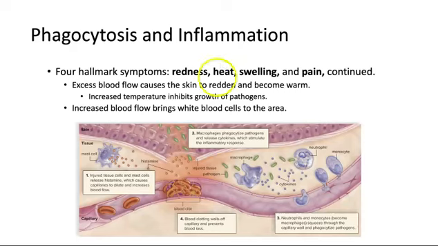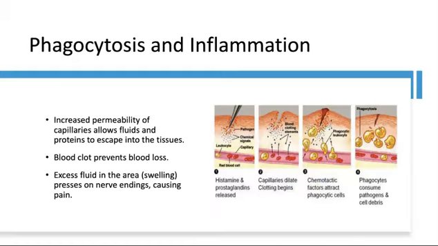Also, the increase of this blood flow is allowing more of our white blood cells to move through the capillary and into our tissues. And that also causes our proteins to escape into the tissues, and we can get blood to clot there, which can prevent us from losing our blood.